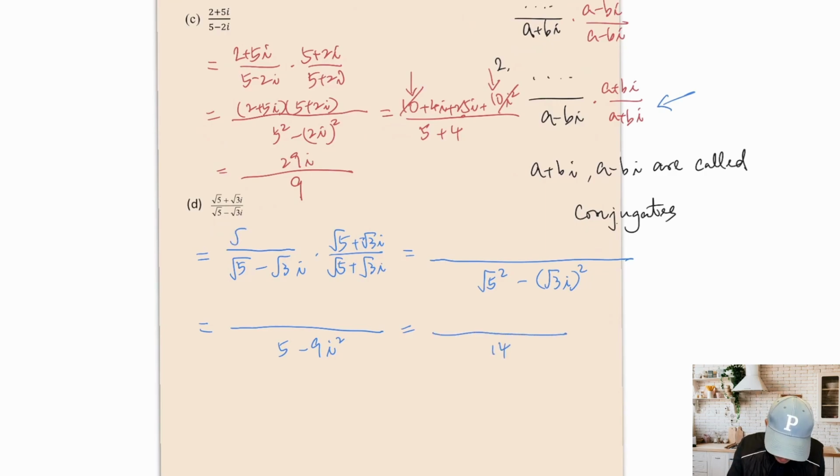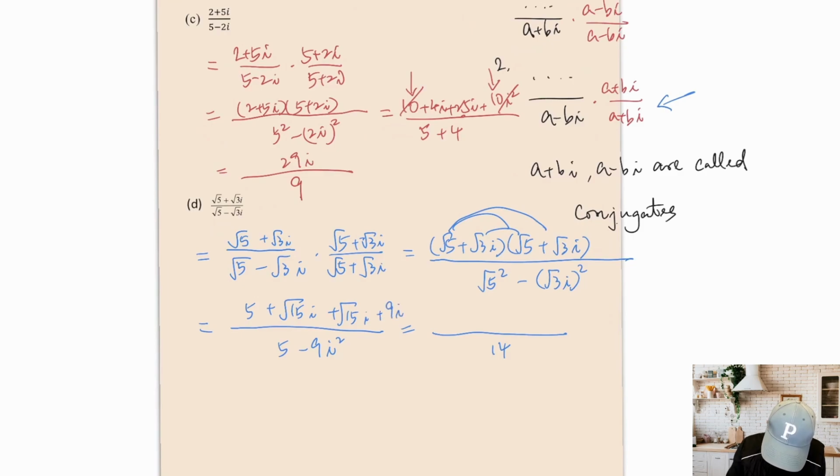We handle the numerator now. Okay, the product of them is 5. It becomes root 15i. At last, 9i square. Okay, 5 minus 9 is negative 4, and plus 2 root 15i.